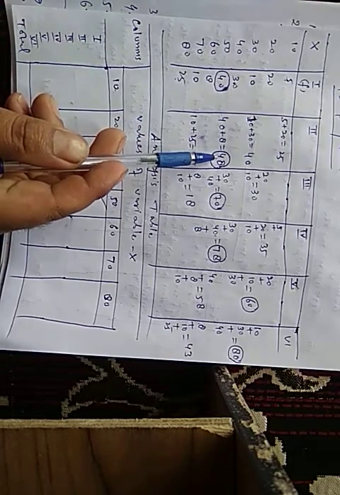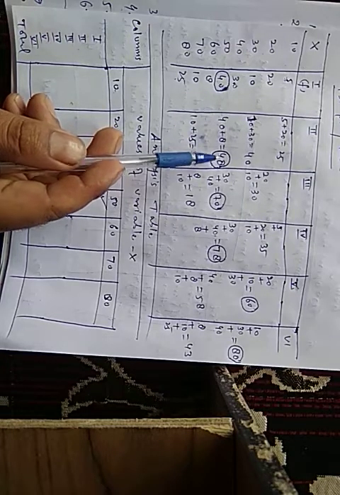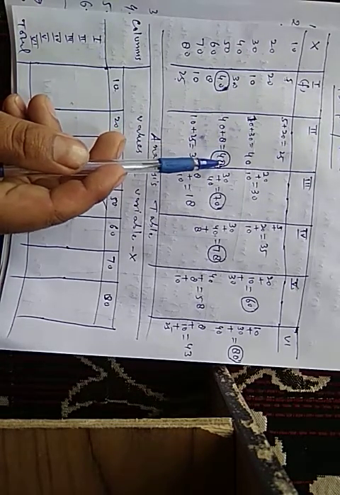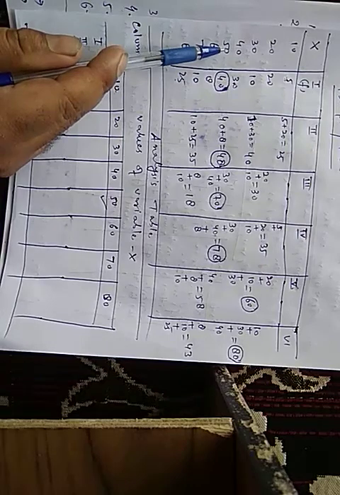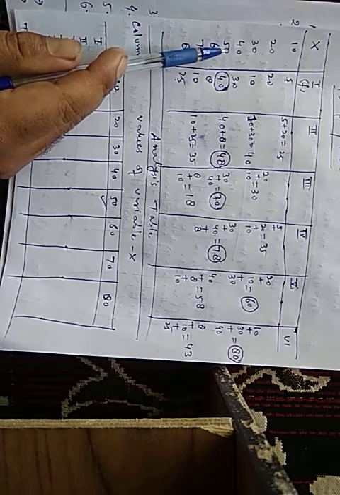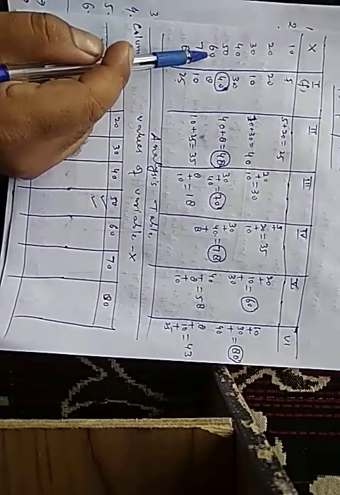In the second column, the highest frequency is 48, and this 48 is the sum of frequency, that is 40 plus 8. 40 is the frequency of the variable x equal to 50, and 8 is the frequency of 60.